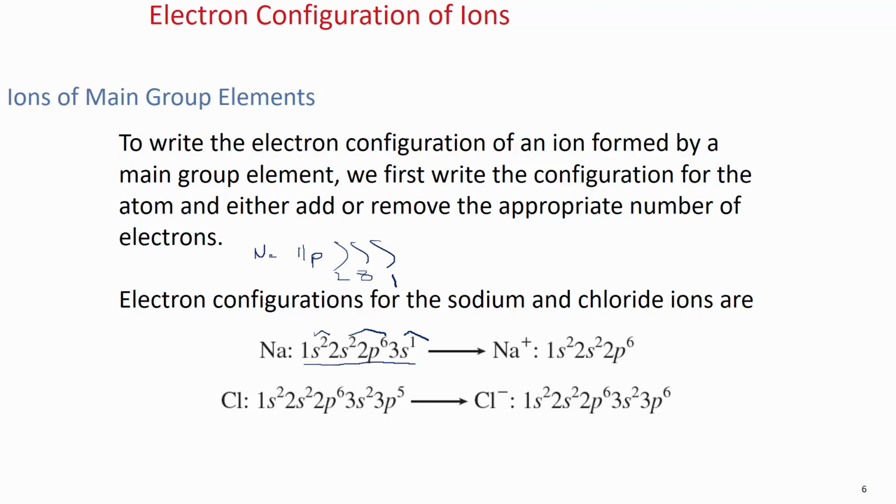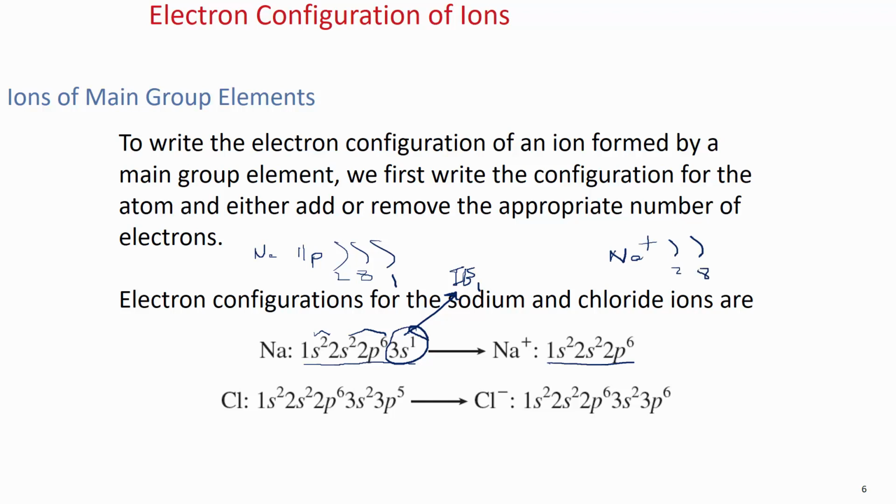And so sodium, having a low ionization energy, loses its outer shell electron. That electron goes away. Ionization energy 1. And we're left with this. So we've lost a shell. So now what we have is a sodium cation with 2 electrons in the first shell and 8 electrons in the second shell.